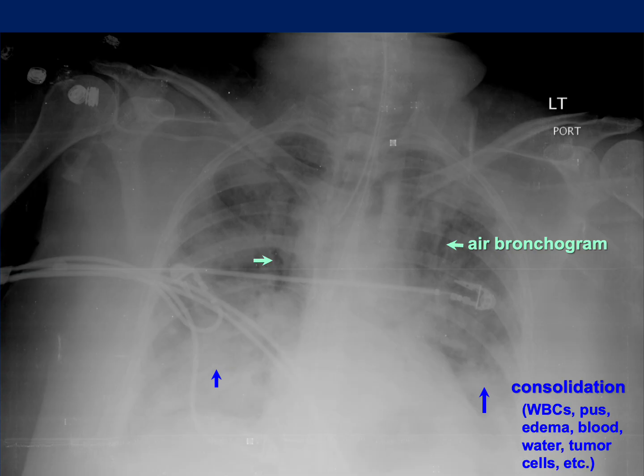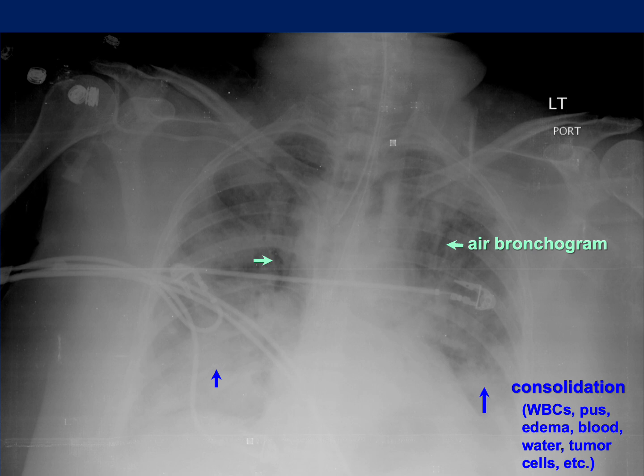In this X-ray, we can see both consolidation and air bronchograms. The lighter green areas are air bronchograms, where you can see a tubular type structure which is filled with air, and air being black gives this structure a black appearance, but it leads to nowhere. This is an air bronchogram.